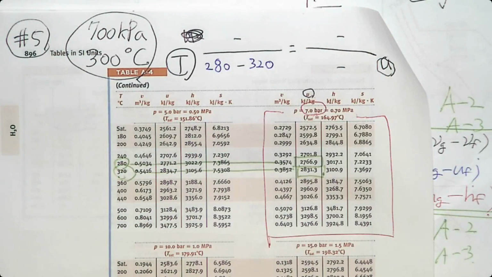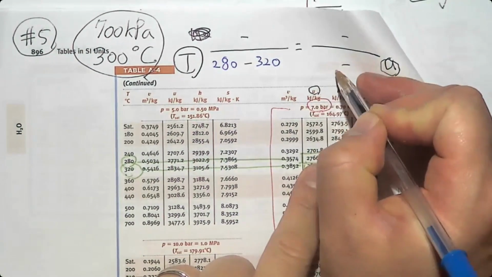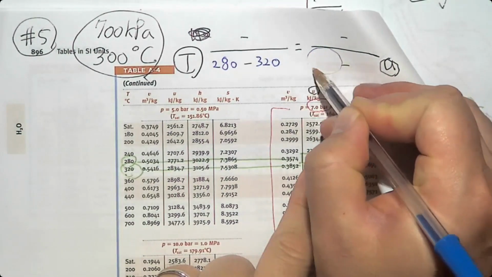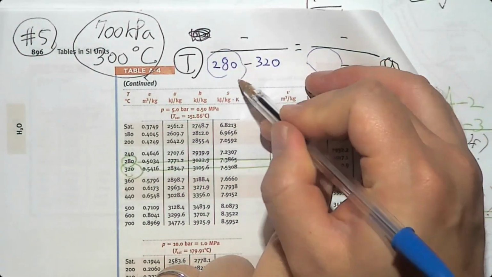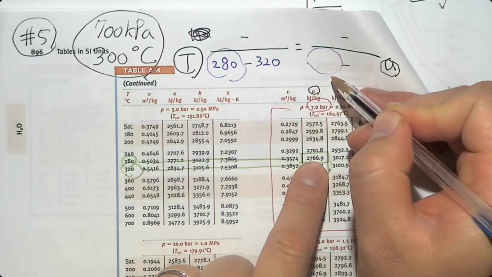Then we know the U value at 280 and 320. So I'm going to write these two in the same place on the right-hand side. So what is U at 280? 2766.9. I'm going to write this value on the right-hand side at the same location, bottom left.